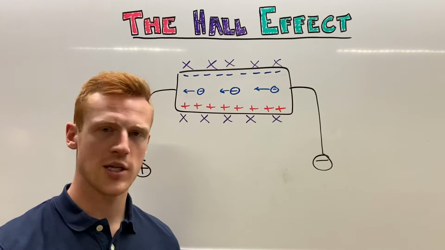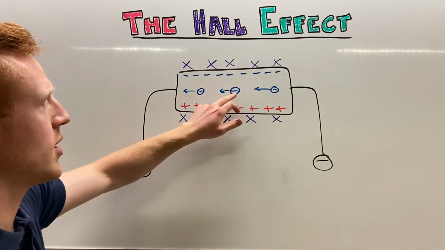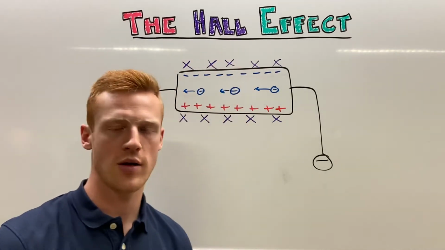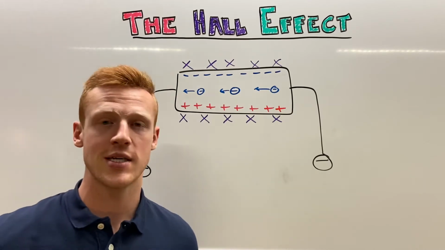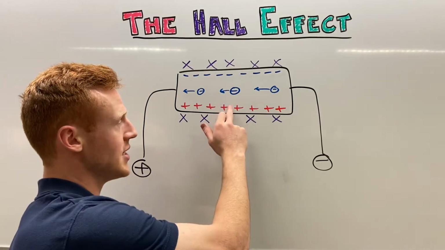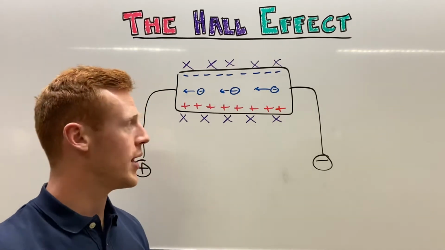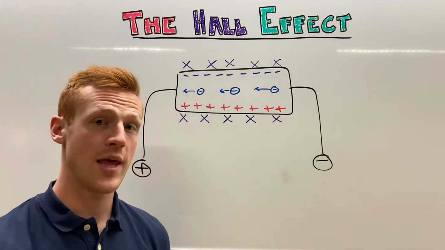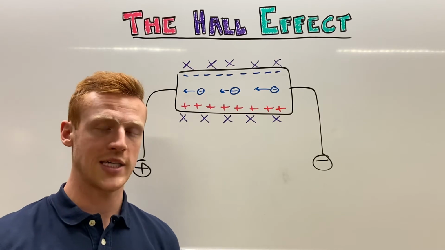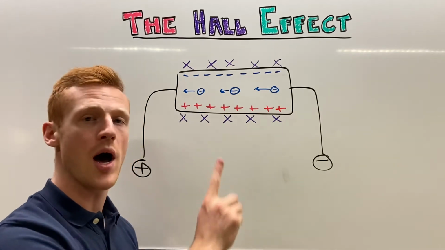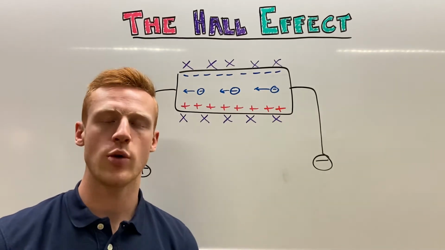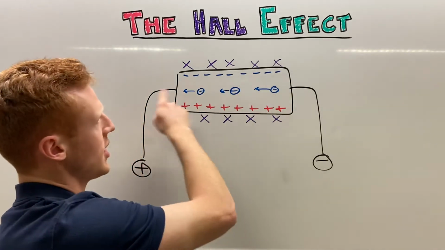They are subject to this electric field because these electrons don't want to be next to other electrons. Opposites attract, and so they want to be by these positive charges. So they want to move down. But as we previously described, they are also experiencing a Lorentz force pushing them up. When they reach that equilibrium, they just move across.